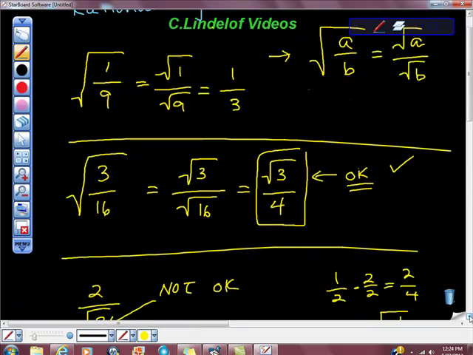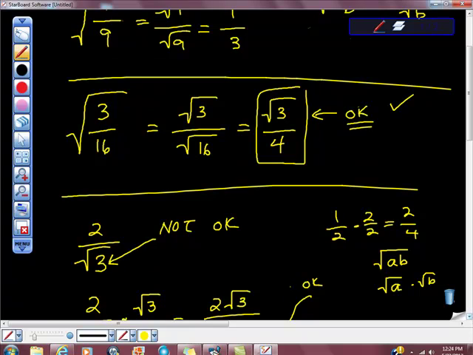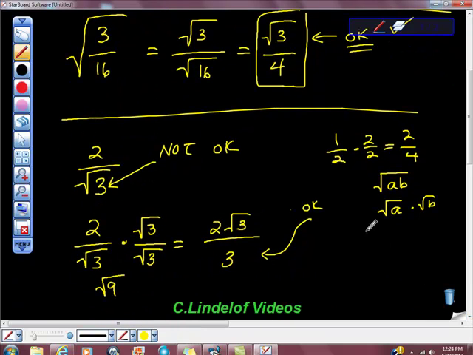That's considered good grammar, proper grammar in math. However, if your final solution has a radical in the denominator, not okay. And you have to start rationalizing that denominator. And how do you do that? You're always going to multiply by 1. So here's our multiplication by 1, and that's what we talked about earlier.